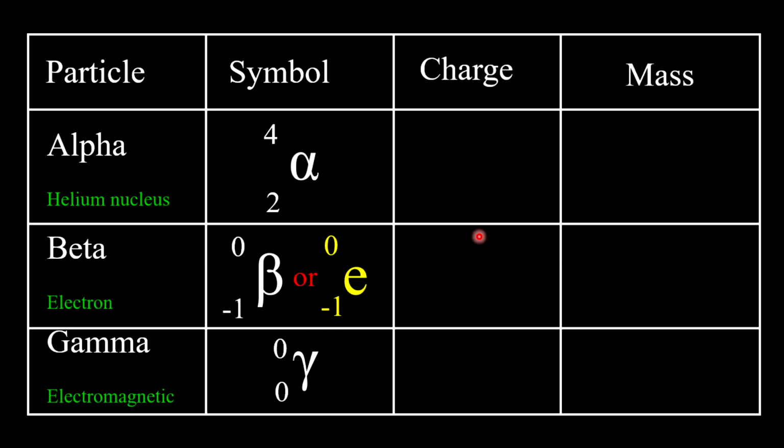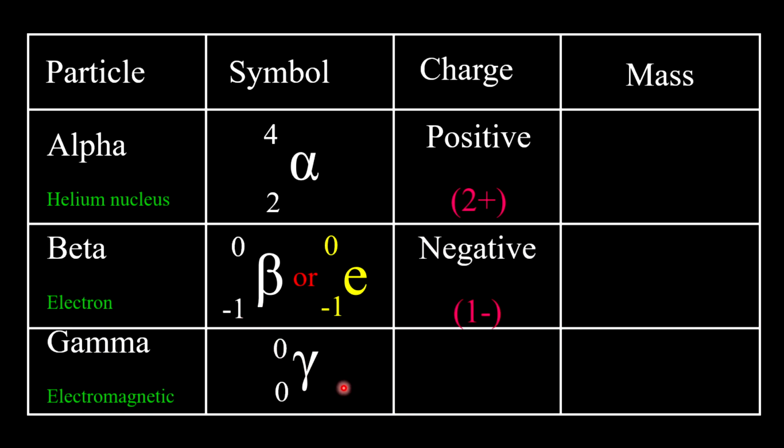All right? So now the charge on the alpha particle, we can easily determine that, because if the alpha particle has 2 protons, the charge has to be positive. Let's look at the beta. The beta is an electron. By nature of being an electron, we know that it must be a negative charge. Gamma, straight off the bat, no charge, as we mentioned, right?